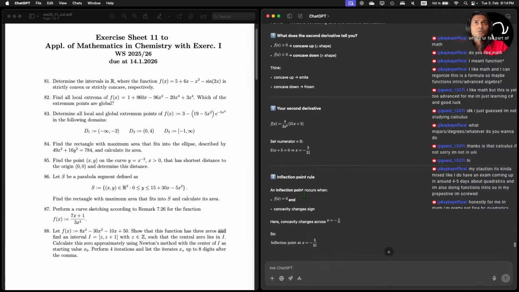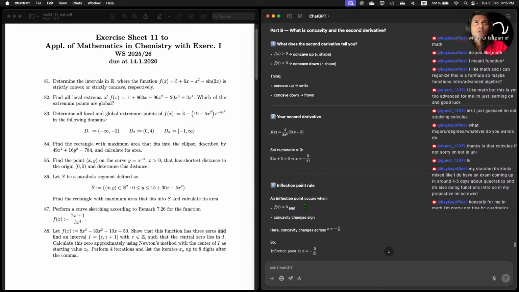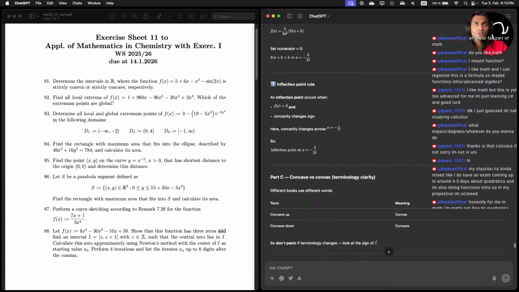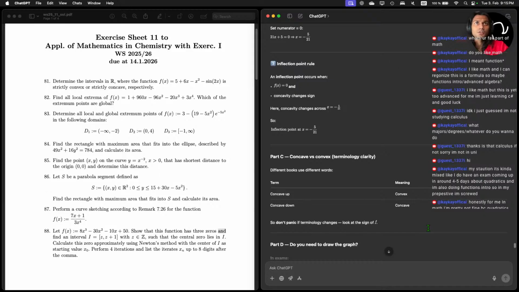So at an inflection point, okay. Terminology: concave up, convex, concave down, concave. So don't panic if terminology changes. Look at the sign of f''.